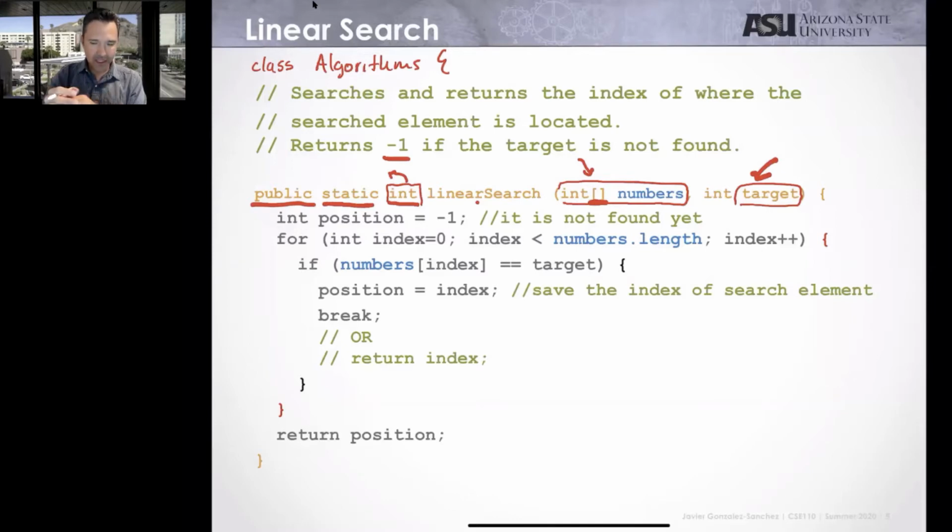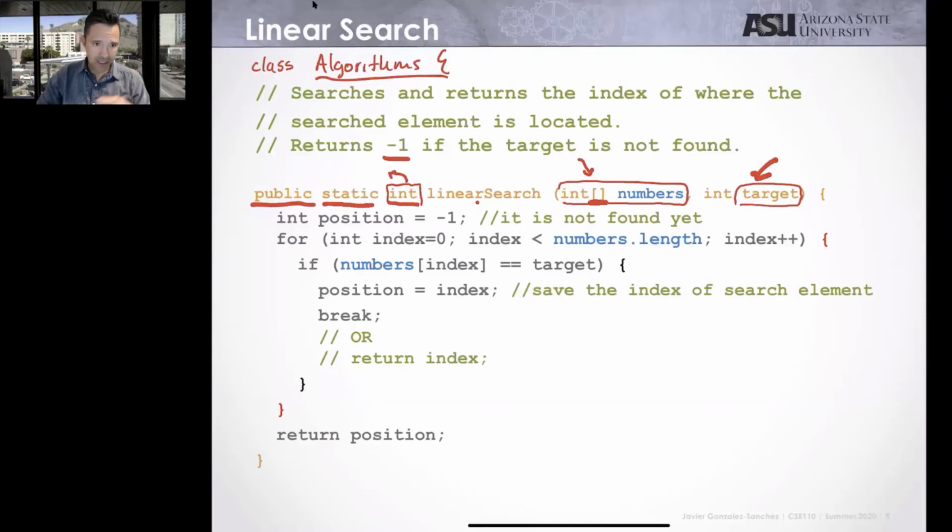If this method is in the same class, remember, you only need to put the name of the class if you are calling the method from another, different class. So if your main is in a class Exam, and this method is in the class Algorithms, you have two classes, and you need to put Algorithms dot and the name of the method in order to call the method from the main.